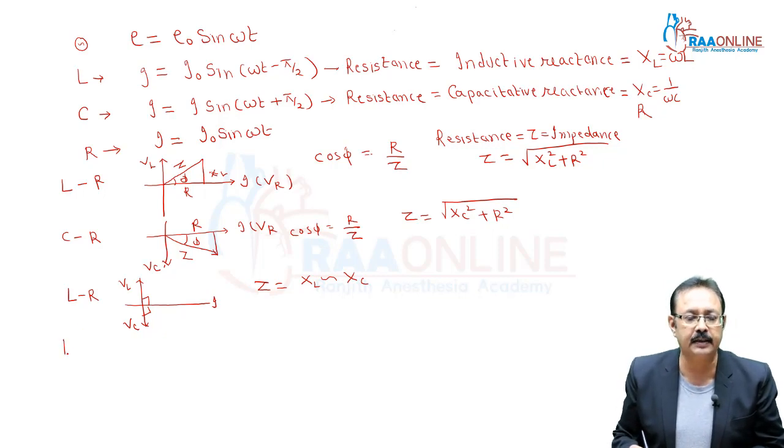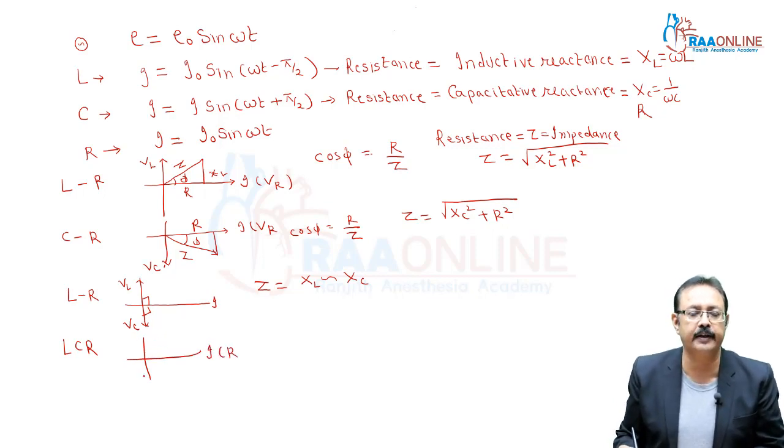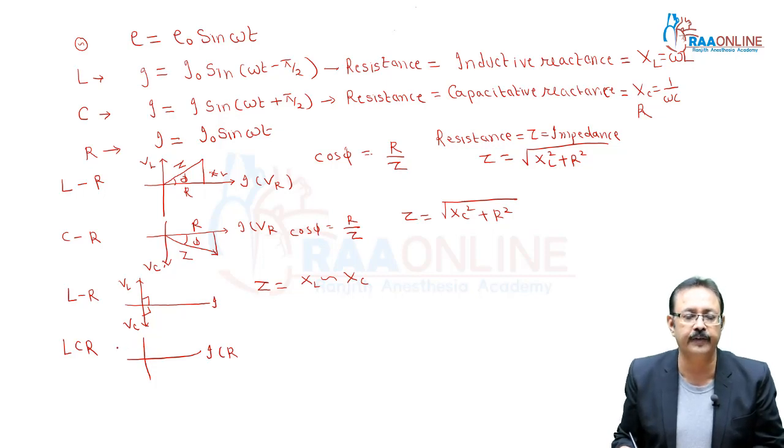In an LCR circuit, I is in phase with R. If VL is greater than VC, then their resultant VL minus VC, means XL minus XC, you will get here. R is here. It is XL minus XC.